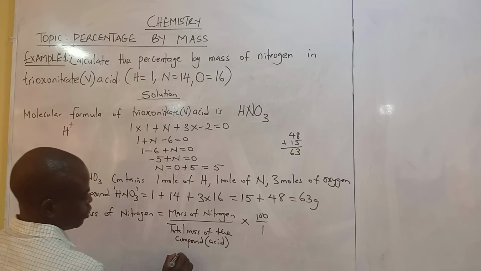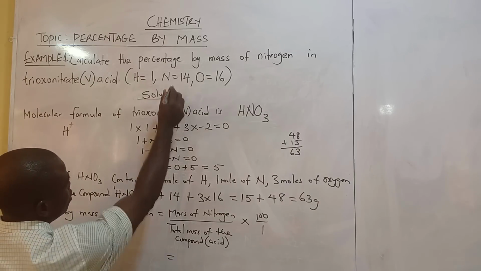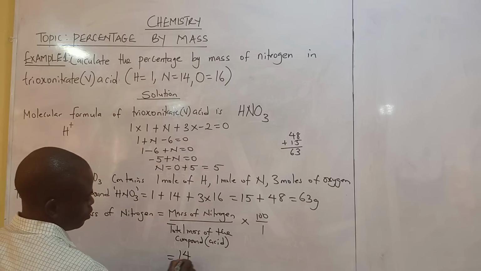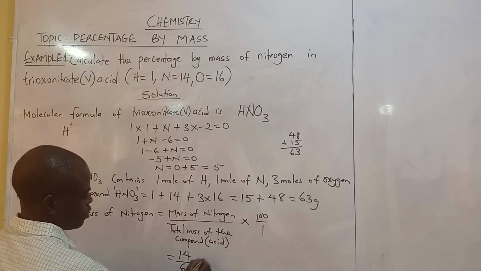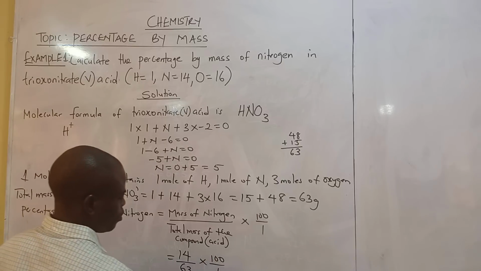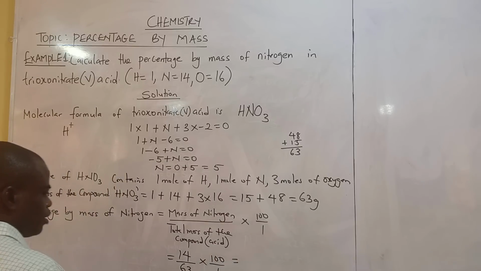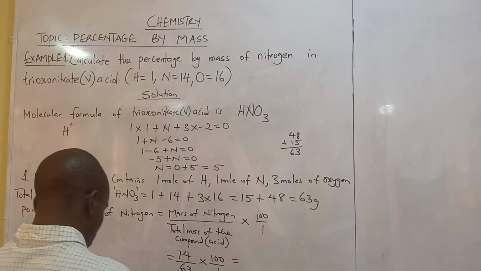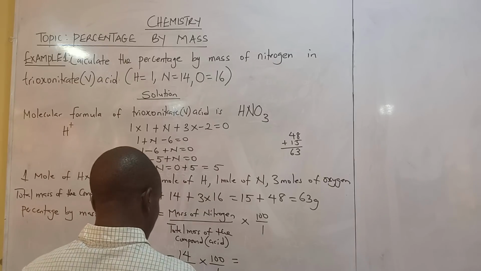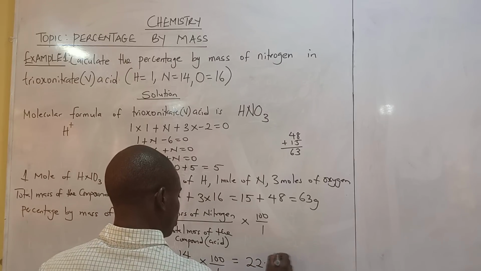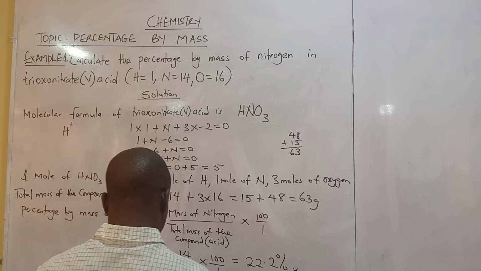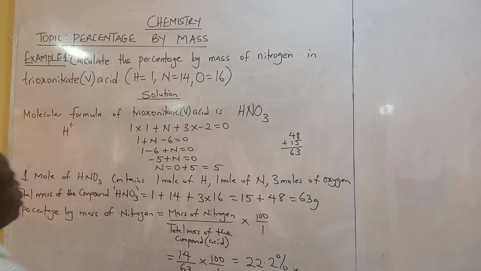Mass of nitrogen is 14. You have 14 over the total, which is 63, times 100 over 1. When you press your calculator, you have 22.2%.